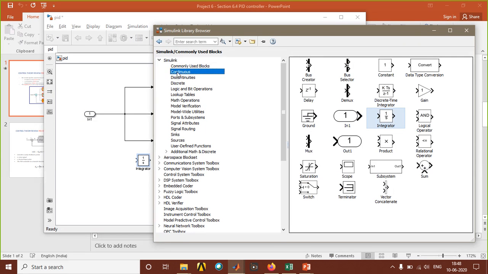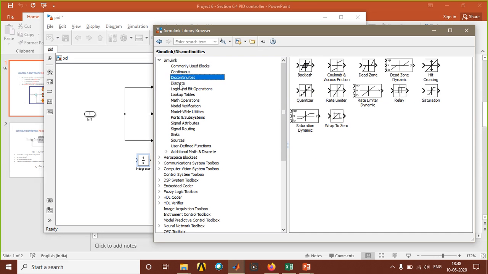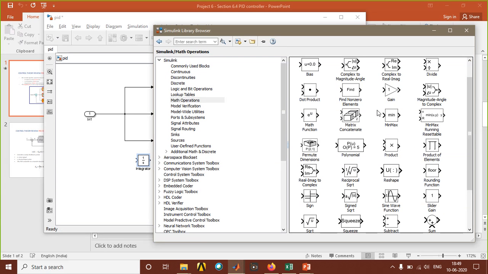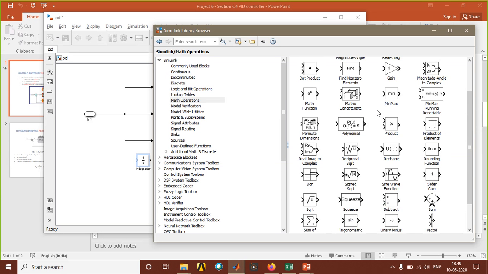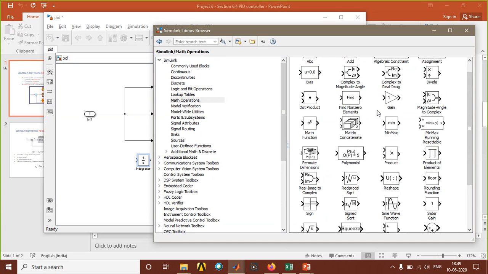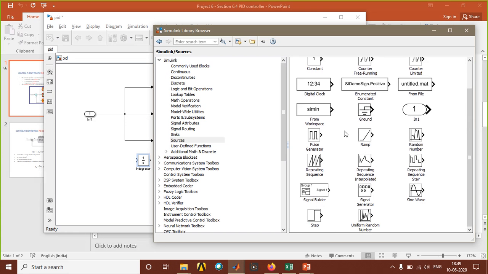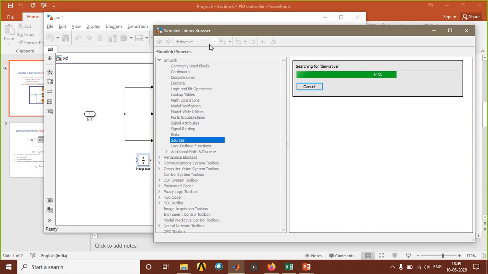If you frequently go through these inputs, you'll be able to find all those. I'm supposed to find my derivative because I haven't used it frequently.